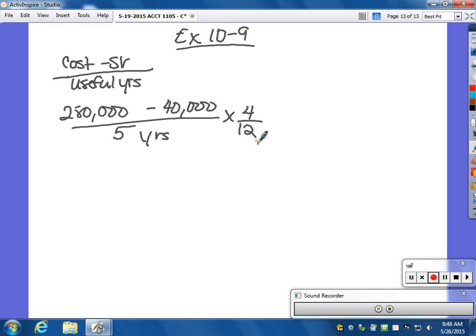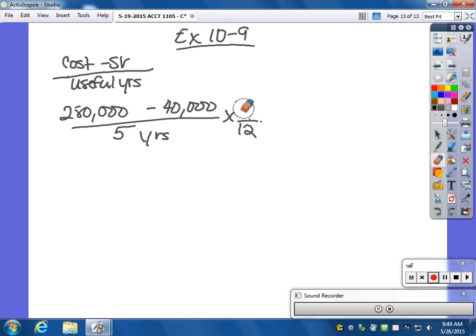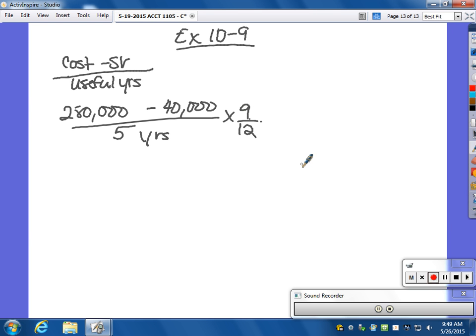Okay, so, no. The 4th month of the year is when they purchased it, but they don't depreciate until the end of the year. So how many months from April to December? 9. They purchased it April 1st, so you gotta count the full month. So you use the rest of the months of the year, because they could only depreciate from when they purchased it to the end of the year. What's the partial year depreciation for year 1?